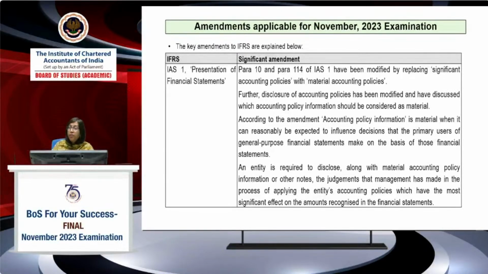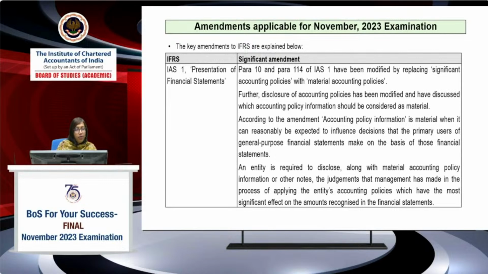If you want, I can again explain those amendments. Otherwise, I have already explained the amendments in your BOS for your success for financial reporting paper. The amendments are the same, only instead of Ind AS, the reference of IAS or IFRS is given.